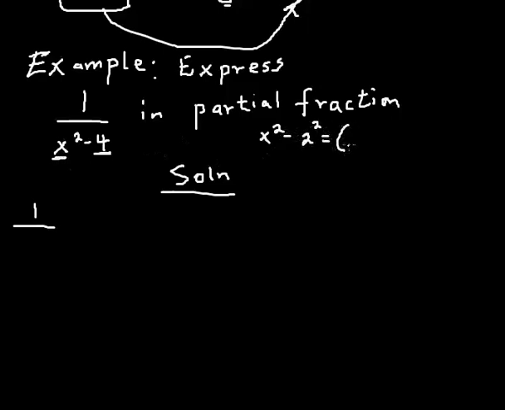Of course, you can express it as a product of x plus 2 and x minus 2. So that's what this denominator is, so I can write it in that form. This is going to be equal to 1 all over x plus 2, then bracket close, x minus 2.